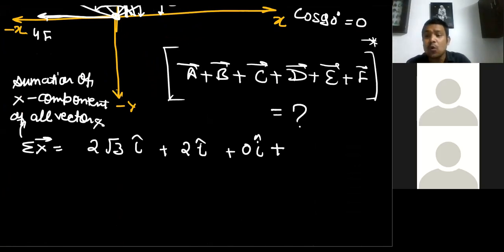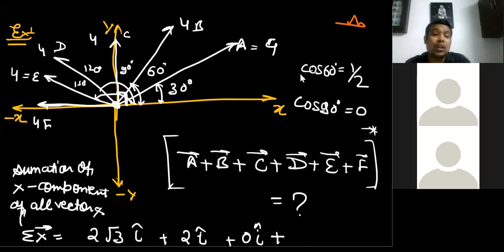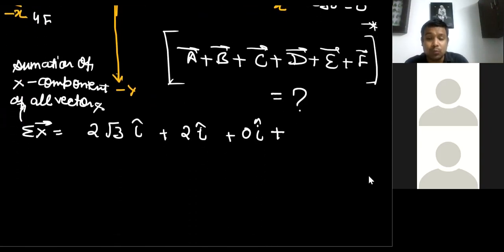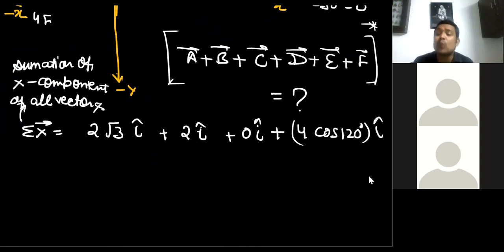Tell me, my dear friends, what is the X component of vector D? Minus 2 I cap. Very good. This is 4 cos 120 degree I cap. And we know very well that for an angle greater than 90 degrees and less than 180 degrees, cos is negative.